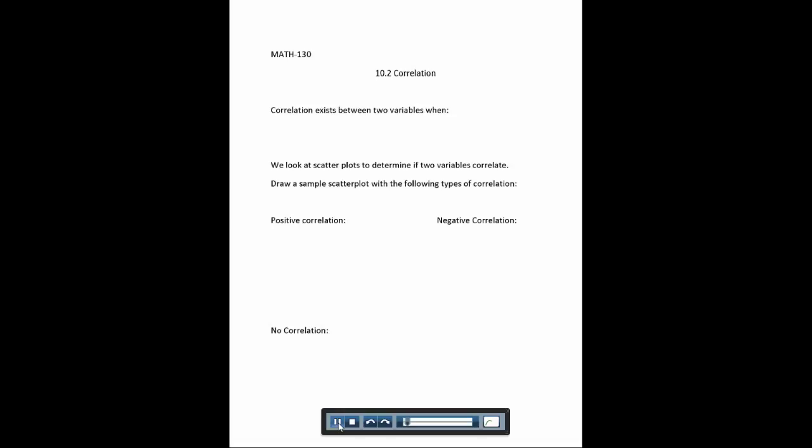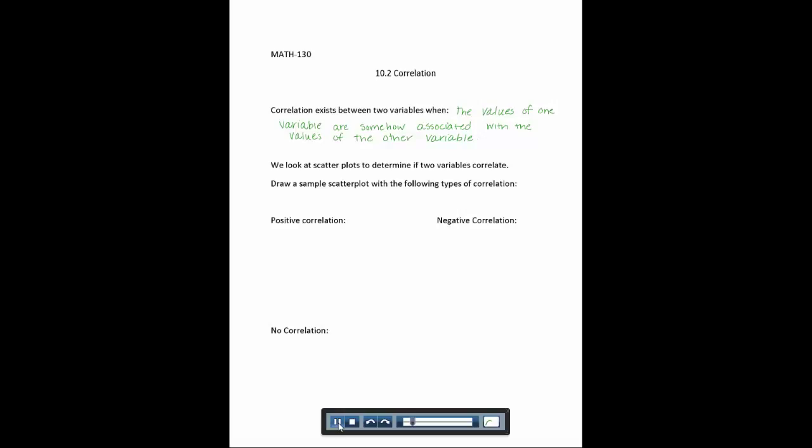We say correlation exists between two variables when the values of one variable are somehow related or somehow associated with the values of the other variable. So we're saying they're somehow related or associated. There's some connection between them.